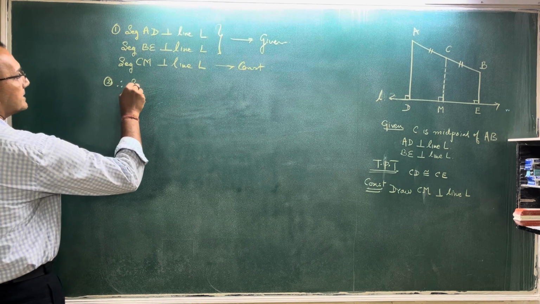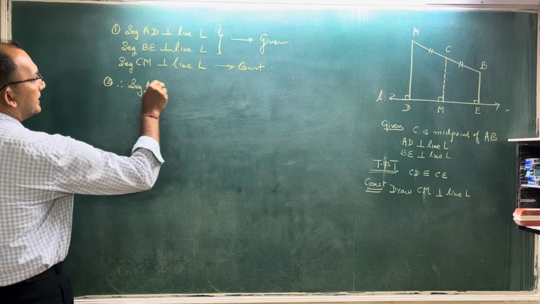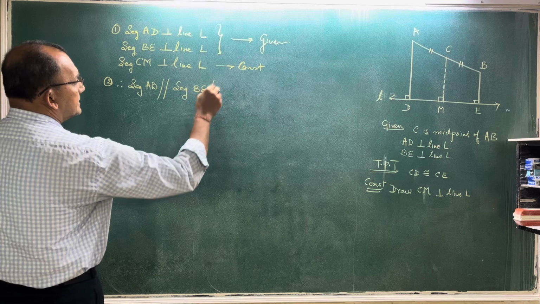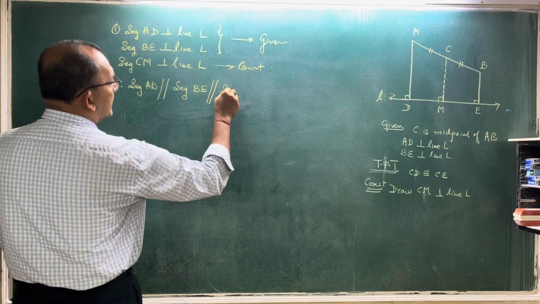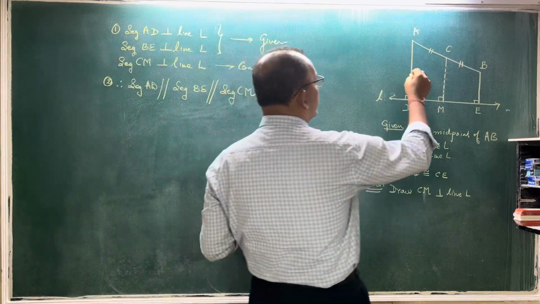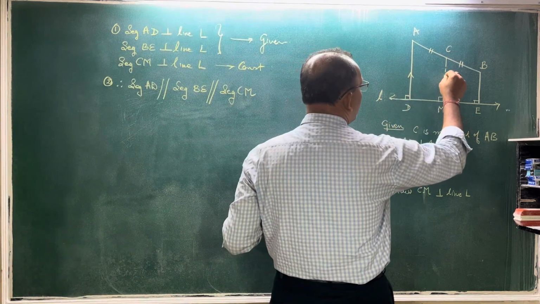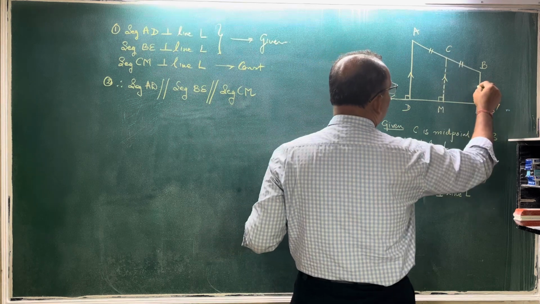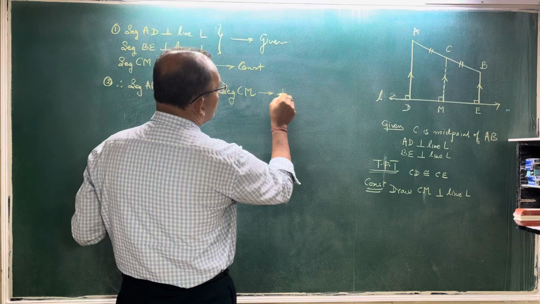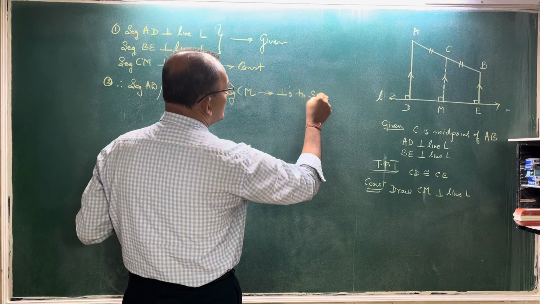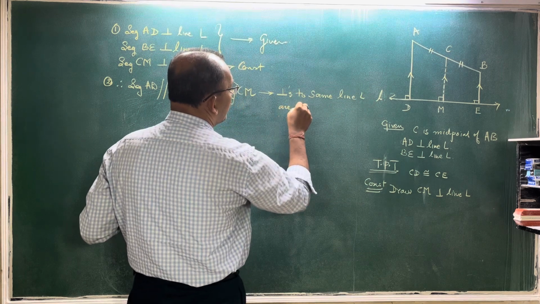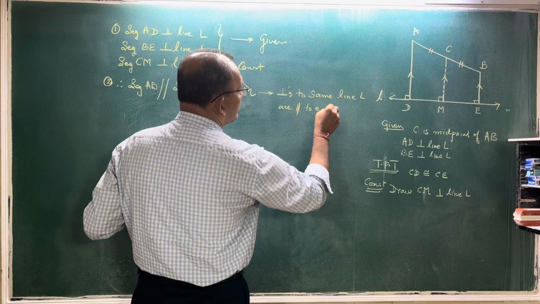Therefore, seg AD is parallel to seg CM, which is parallel to seg BE. The reason for this is that perpendiculars to the same line L are parallel to each other.